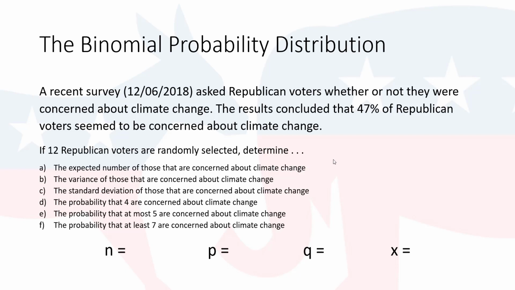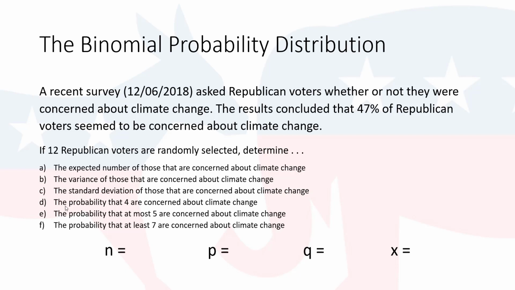Well, the expected value is simply n times p, and we'll get to that on a spreadsheet. The variance of those that are concerned about climate change, and we can calculate A, B, and C very easily on a spreadsheet, so we'll come back to those.